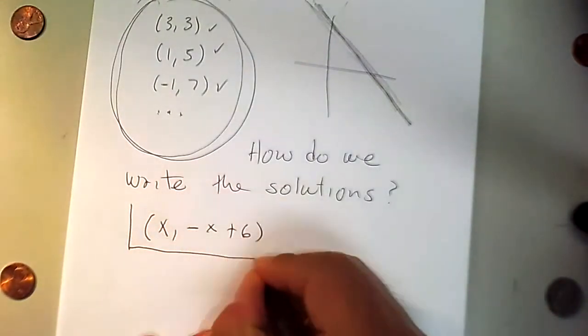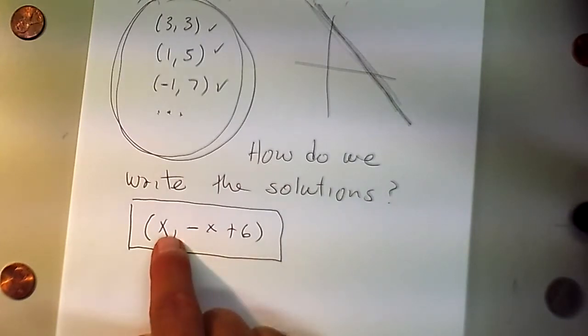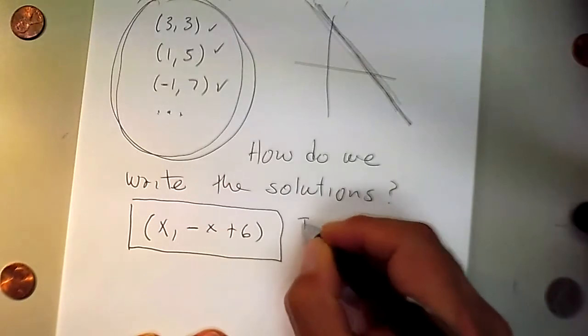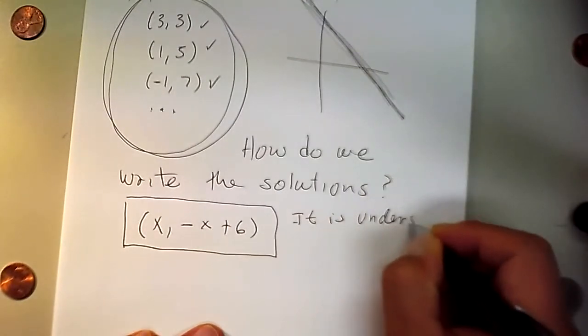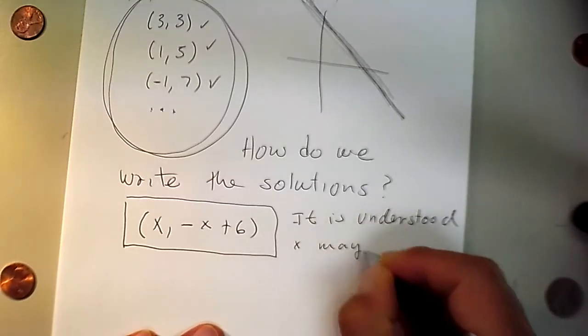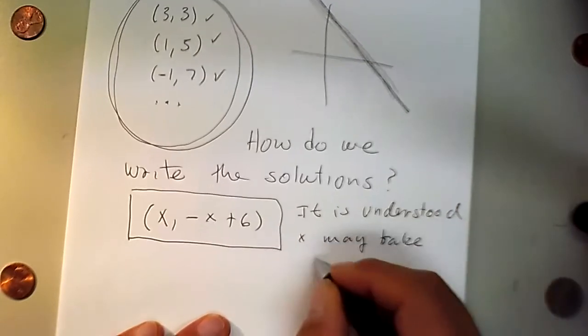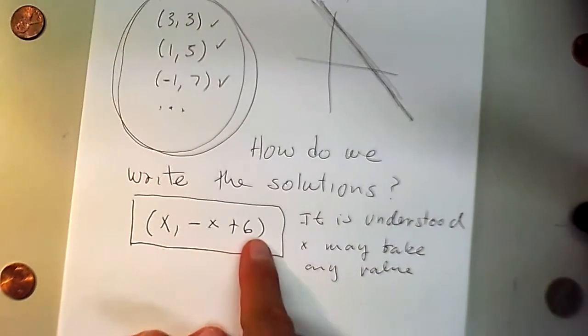So this is typically the way we want to write the answer. And we mean x may be any number. Even though it's not written, it is understood that x may take any value. So this is telling us we have many solutions.